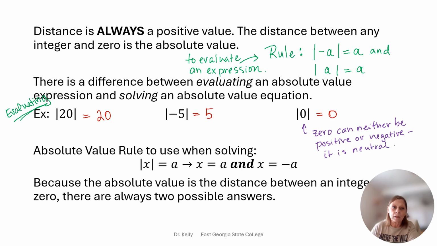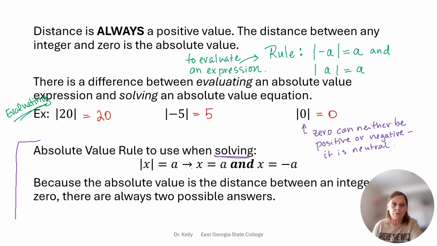All right. Now, the last slide had that official, really hard to understand definition of absolute value, but here is an absolute value rule when we're solving an absolute value equation. It says if the absolute value of x or whatever is equal to a number, then we get 2 answers here.